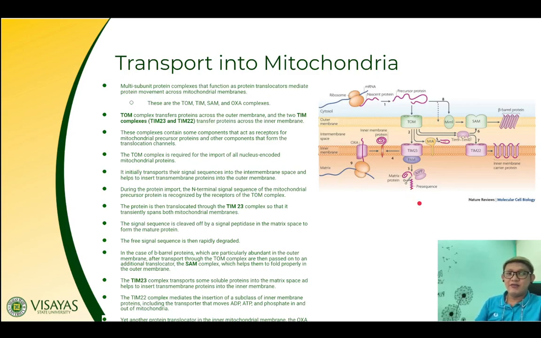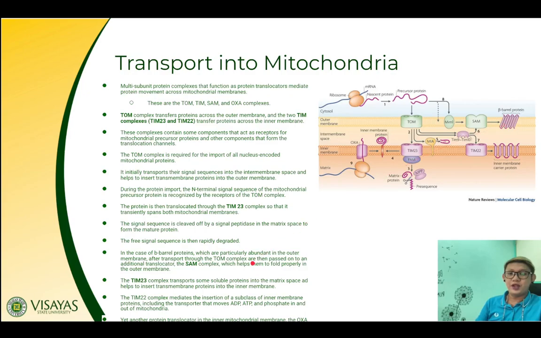So in the case of beta barrel proteins, which are particularly abundant in the outer membranes, after transport through the TOM, it is passed on to an additional translocator, the SAM complex. This helps them to fold properly in the outer membrane, forming the beta barrel protein.